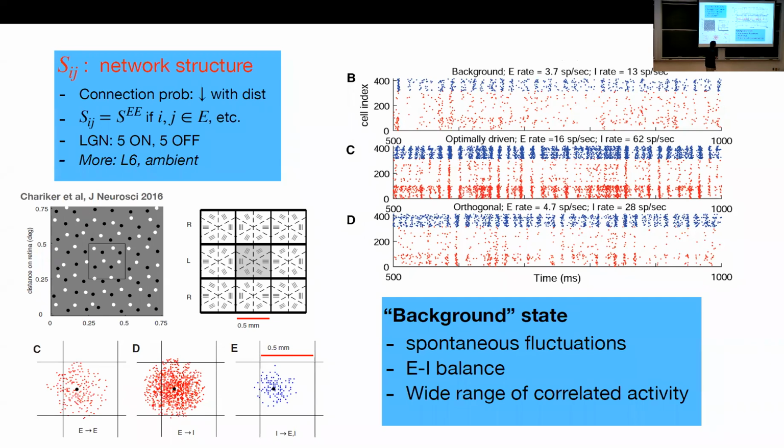In this talk, I'm going to focus on the boring part of the dynamics, just the background. So no input, just the background spontaneous fluctuations. Even in the background state, the dynamics is actually already non-trivial because the E and the I currents have to balance. If one thing starts to dominate, either activity all dies down or everything blows up.